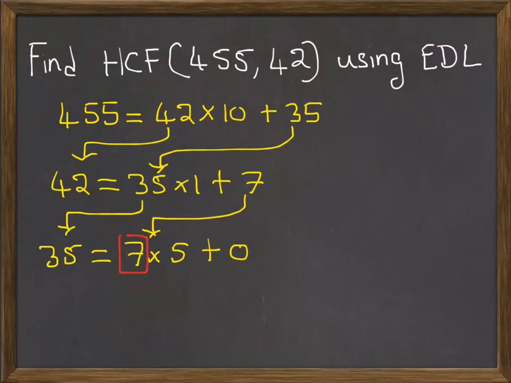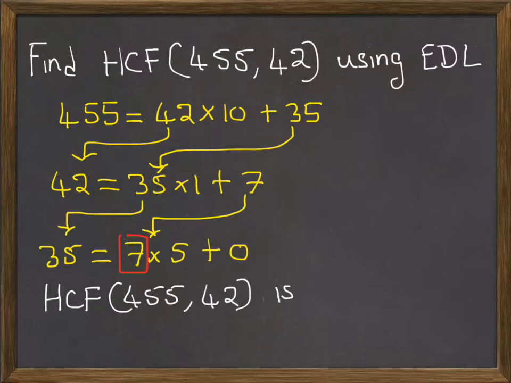We cannot proceed further. And 7 is the highest common factor of 455 and 42. So this is how we can use Euclid's division lemma in finding the highest common factor of two positive integers.